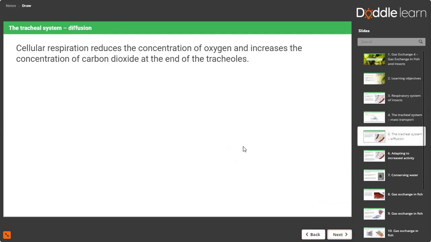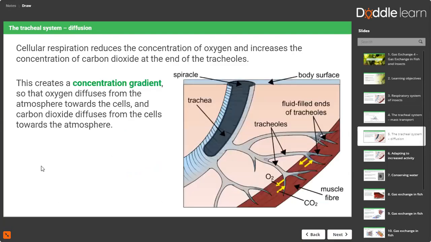Diffusion. Cellular respiration reduces the concentration of oxygen and increases the concentration of carbon dioxide at the end of a tracheole. Not surprising, that's obviously a different name, a different area of our body, but that's the same idea. We reduce the concentration of oxygen inside our bodies and increase the concentration of carbon dioxide.